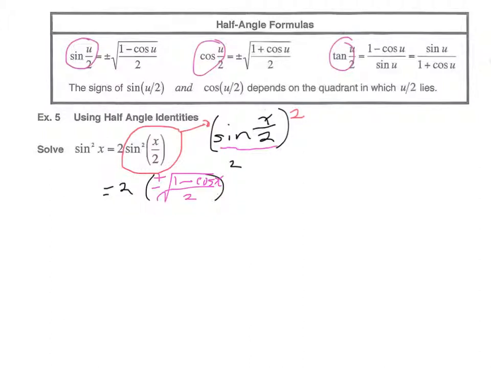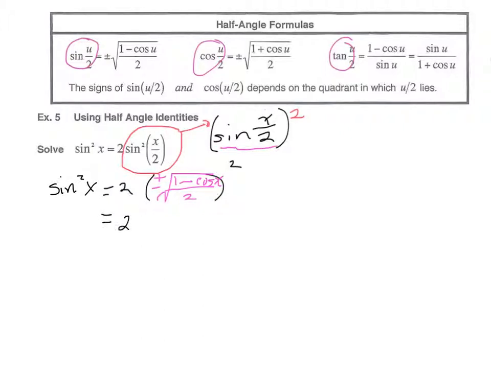So what happens when I square a radical? The radical goes away. What happens when I square a negative? It becomes a positive. So isn't the plus minus kind of a moot point at this rate? And then my sine squared I have over here, sine squared of x. So let's go ahead and figure out what the right side looks like and then determine, do I want to substitute in for sine squared?